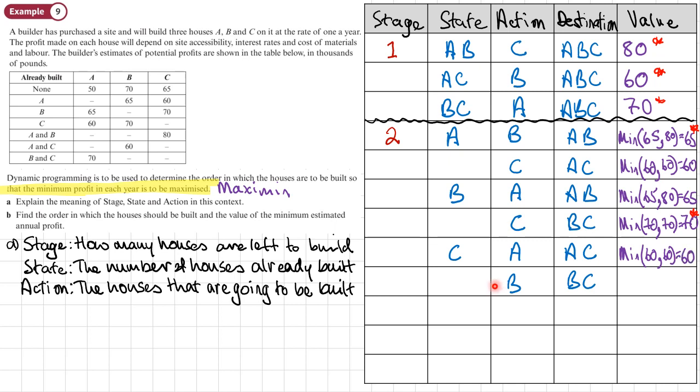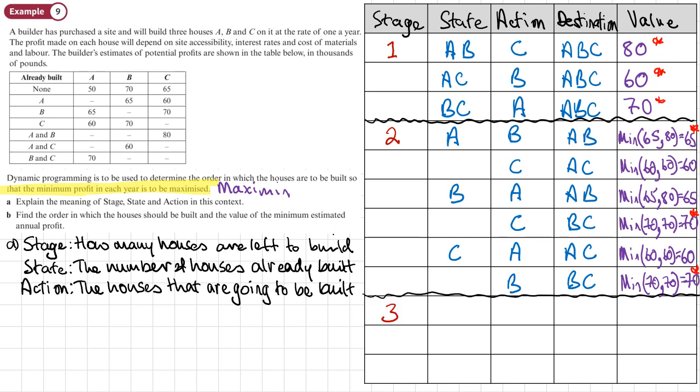And then if I've already built C and I build B, that's going to be 70. So I want the minimum of 70. And BC then followed by A will be 70. So that's 70 and 70. So the minimum of those two is going to be 70. And then the maximum from these two options for state C will be 70. So we'll put a star there.